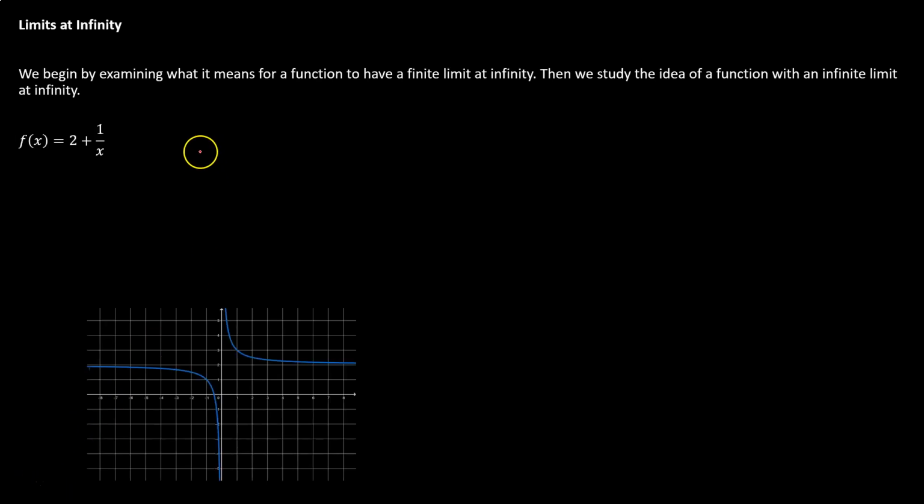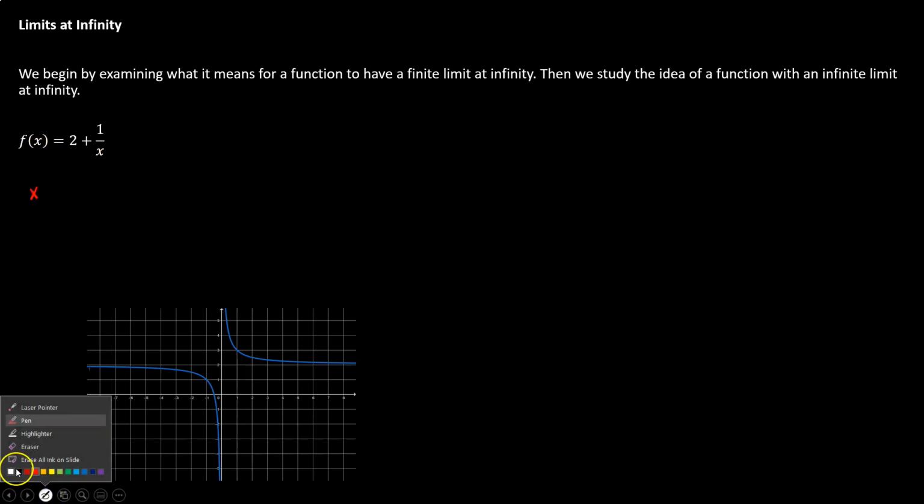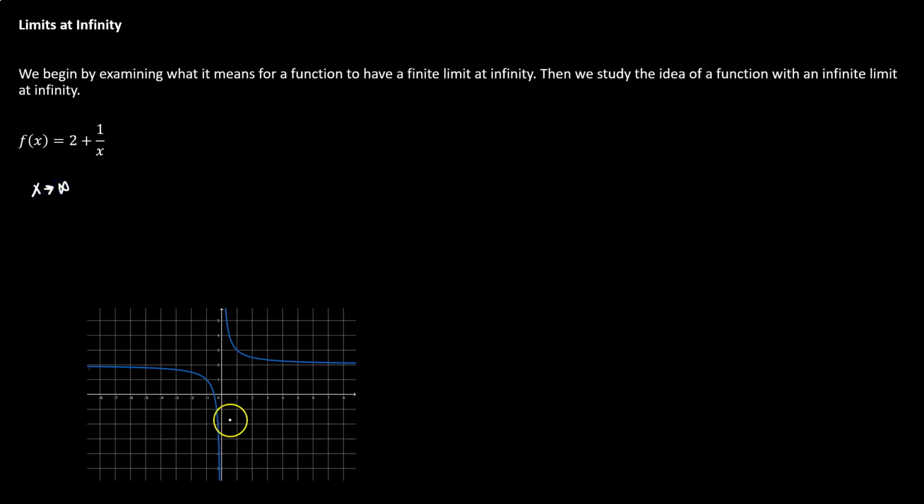So first let's take a look at the function 2 plus 1 over x. If we were to let x go to positive infinity, then we're talking about plugging in very large numbers for x. And if we were walking along the number line, we're taking x to positive infinity to the extreme.